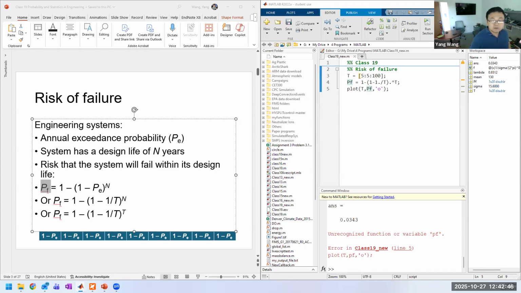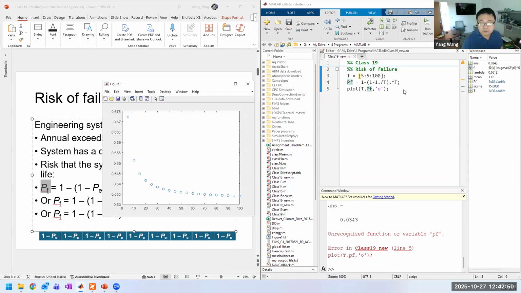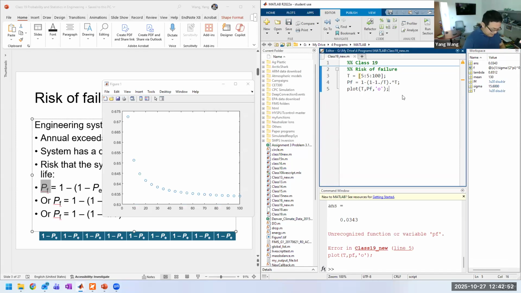Okay, so this is our plot. You can see that we're plotting the y-axis being the risk of failure, right? X label being design life.